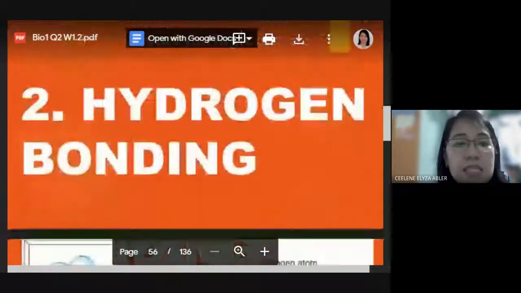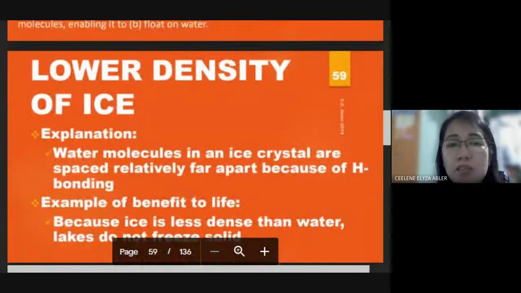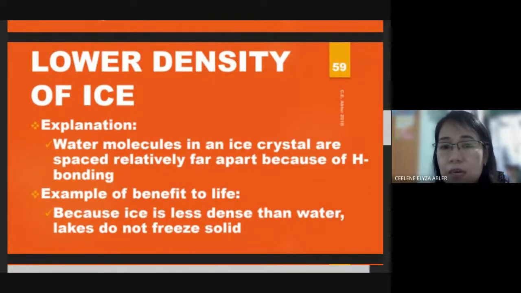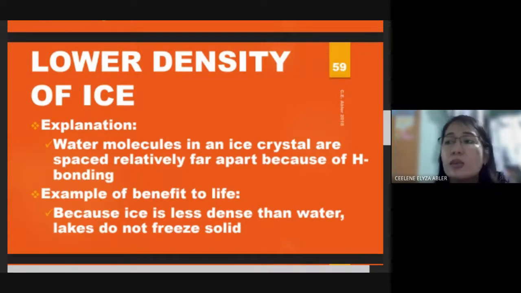All right. So you have hydrogen bonding. Hydrogen bonding is the one na reason kung bakit ice has a lower density and it floats above your water. So kaya siya very useful for example, for life forms na meron tayo yung ice is actually less dense than water, kaya para maka-float siya.